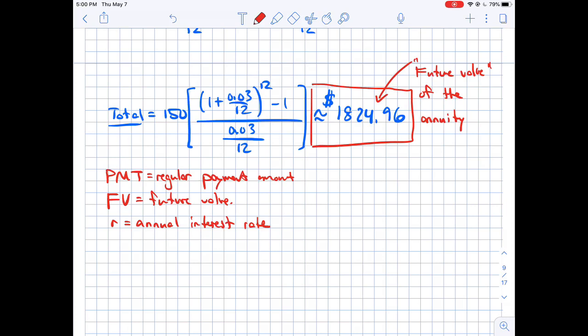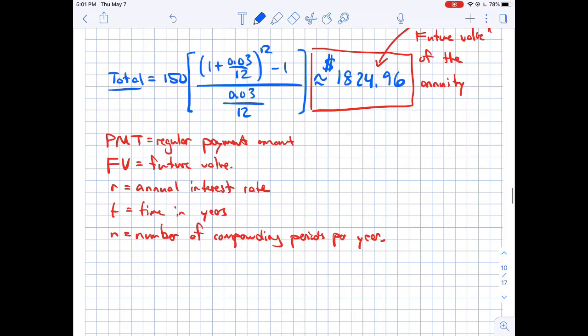We also have T. T is going to be the time in years. And N is the number of compounding periods per year. These are the different terms that we're going to be looking at in our formula, and all that we're going to do is rewrite this in those terms.